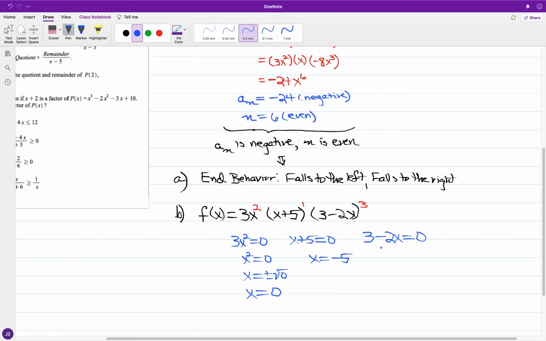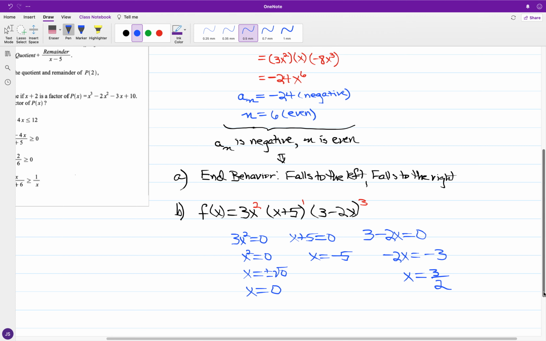And in the case of 3 minus 2x equal to 0, if I move the 3 over, we have negative 2x is equal to negative 3. And in this case, we're going to have that x is equal to 3 halves.